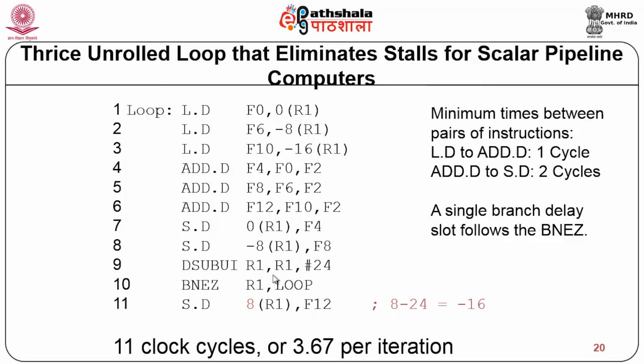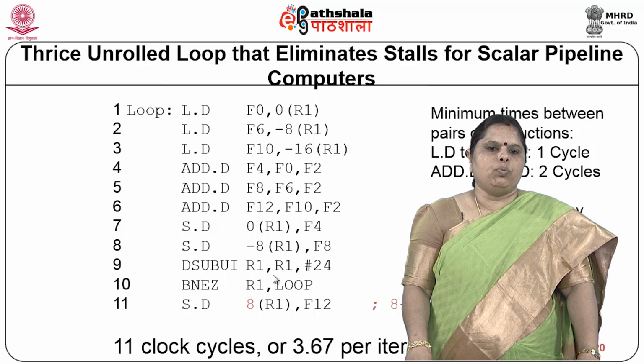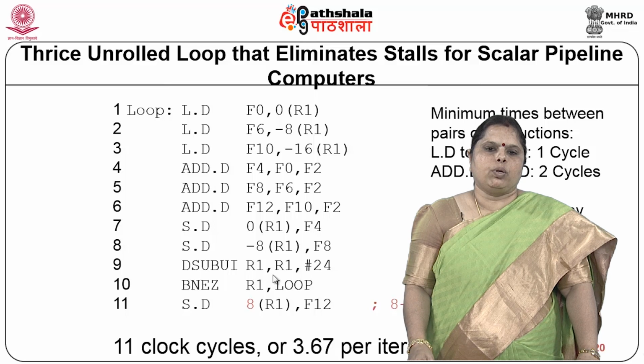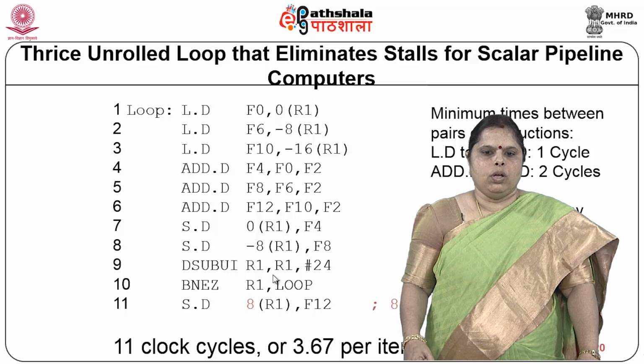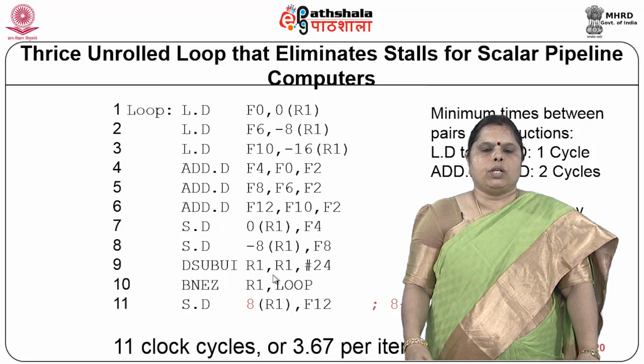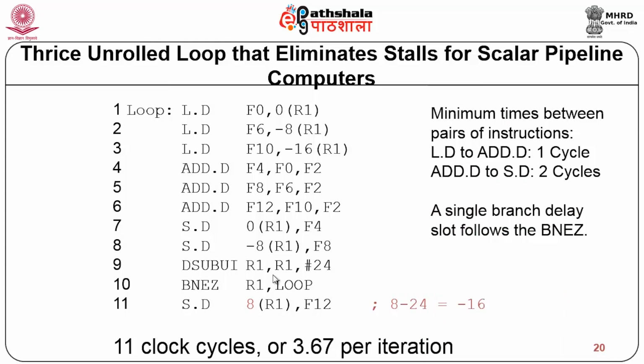Let us look at an example here, a simple loop which we have already seen. You have a load, you have an add, and you have a store. So, you are taking data from memory, adding something to it and putting it back into memory. But let us assume that you will have to schedule it. We have already looked at the concept of loop unrolling.